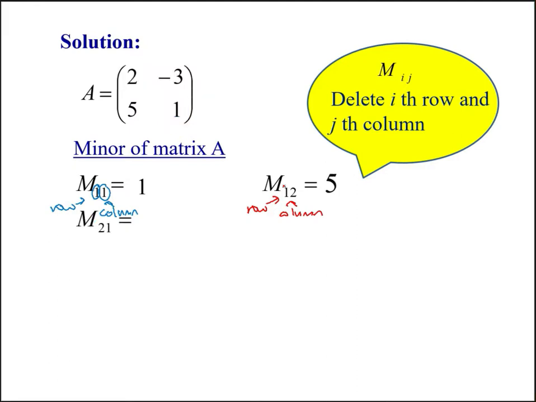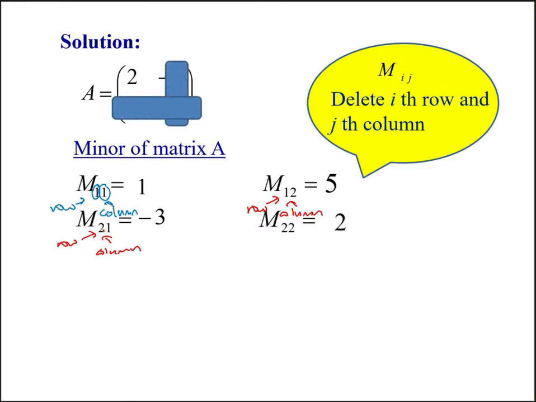Same applies for the next minor, which is minor 2, 1. The row is the second row and the column is the first column. Delete the second row and the first column. The answer is negative 3. Next minor, minor 2, 2. Delete the second row and the second column. You get your answer as 2.